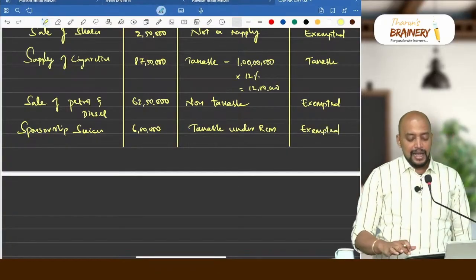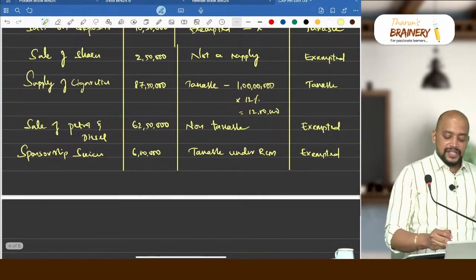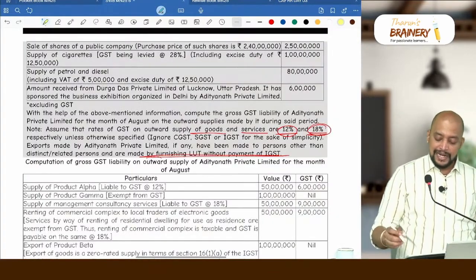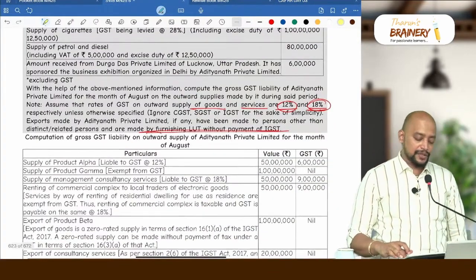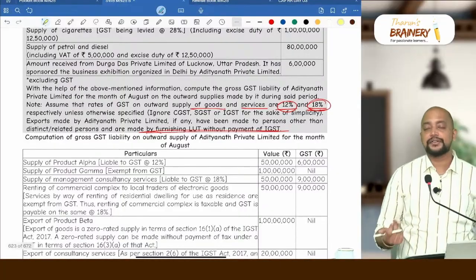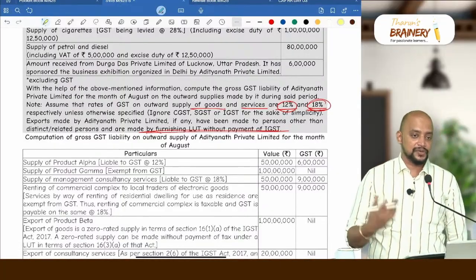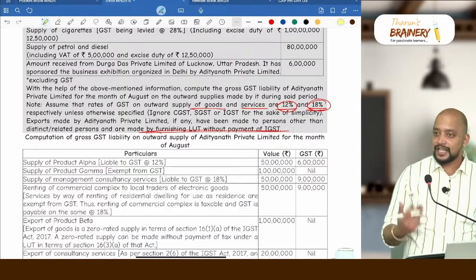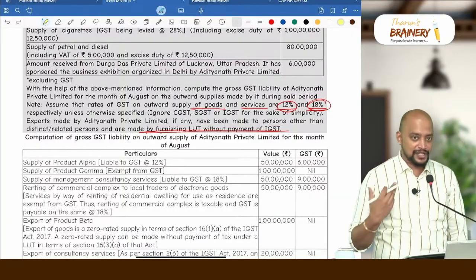Okay, and so in case of cigarettes, rate of GST is 28%, sir, but why have you taken 12%? Because the rate is given in the question as 12%, that's why we are taking 12%. And really I don't know what is the rate applicable to cigarettes also.